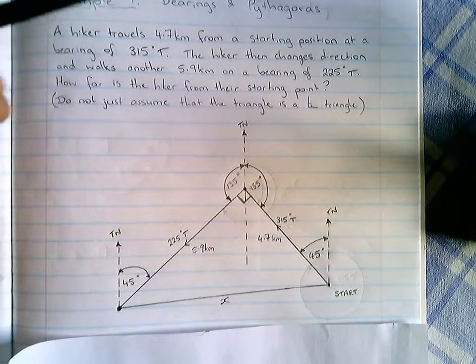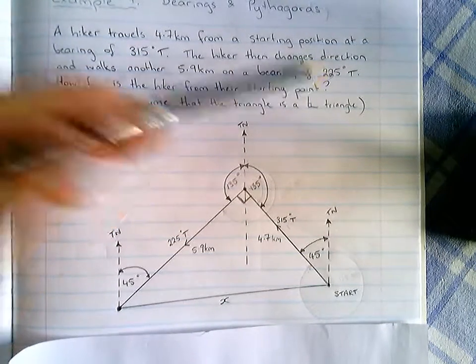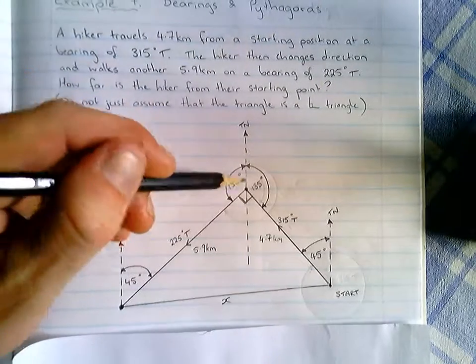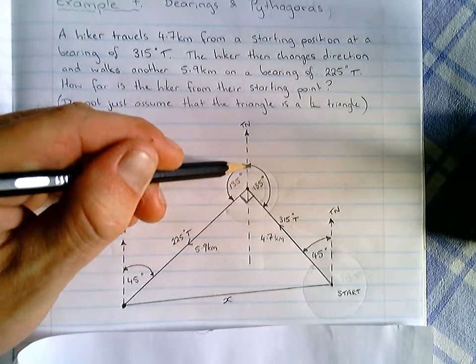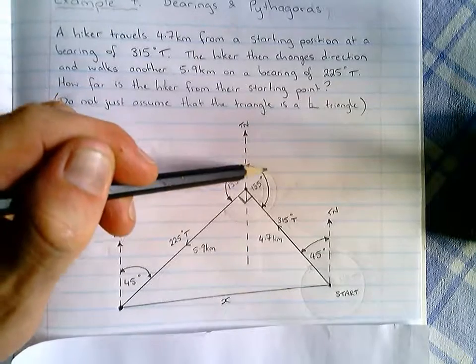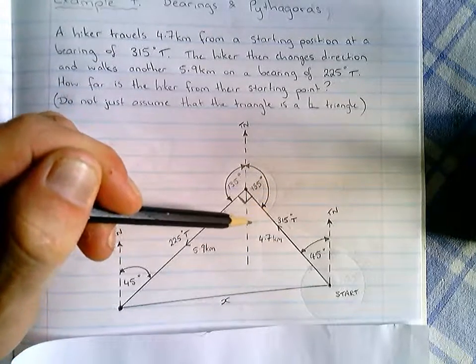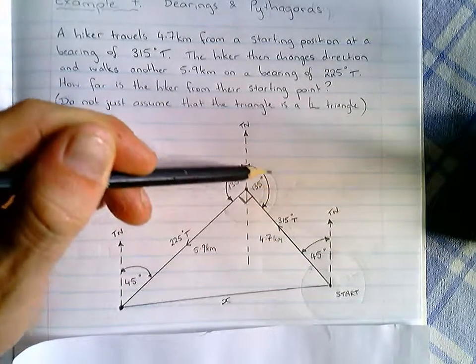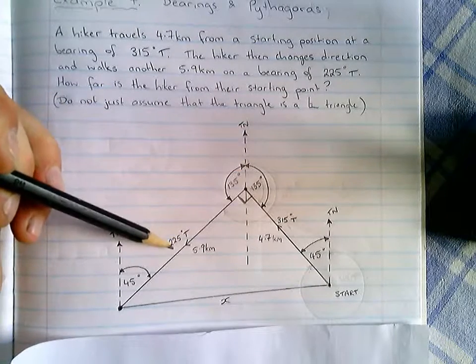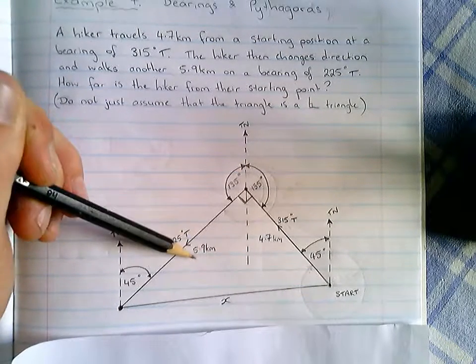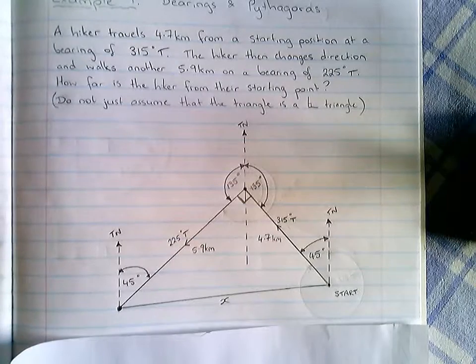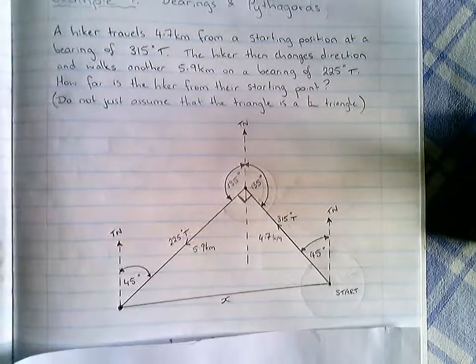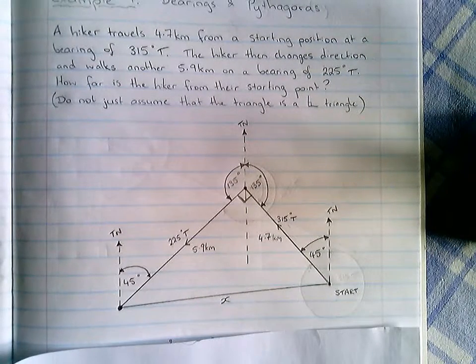I then noted that the change of bearing was from 315 to 225, so at this point from true north, and you'll note the old faded light line here representing our bearing of 225 degrees from true north and a distance of 5.9 kilometers to some other point. That's all the information we're given.